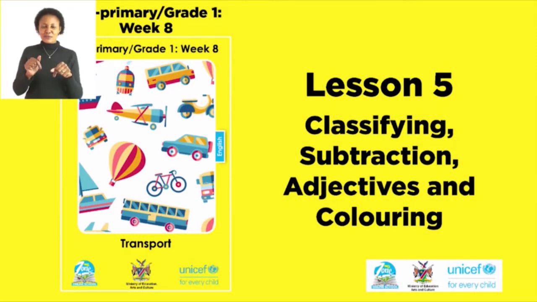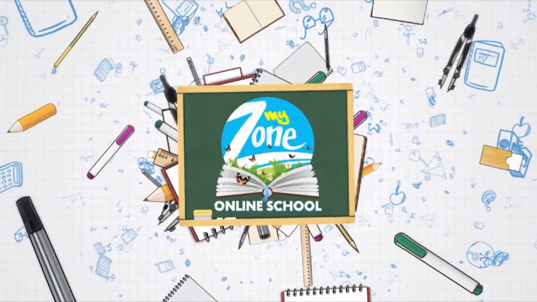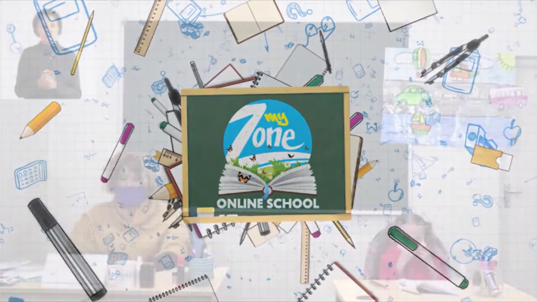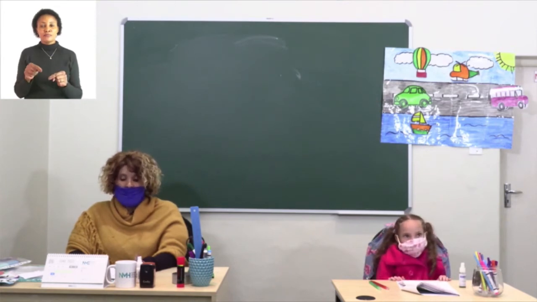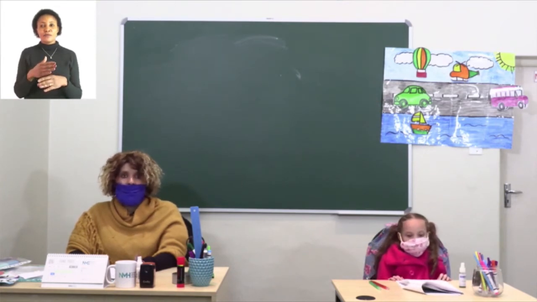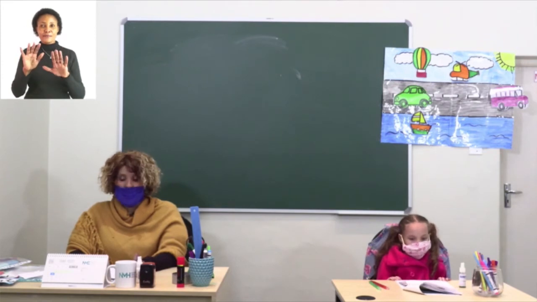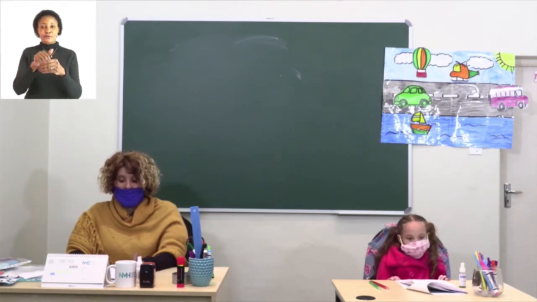Our lesson for today is classifying, identifying about transport, subtraction, adjectives, and coloring. This lesson is all about finding and coloring in all the different types of transport, because our theme is all about transport.